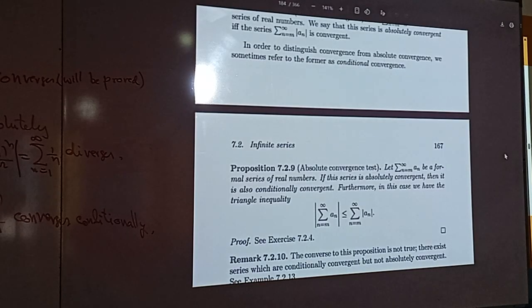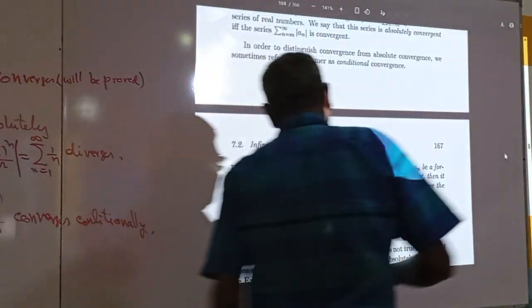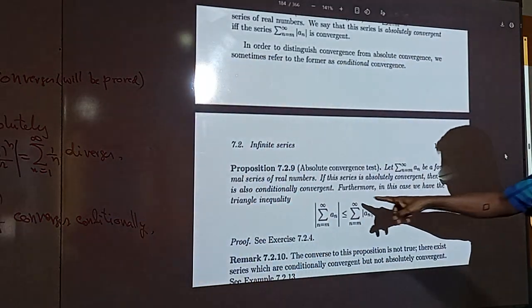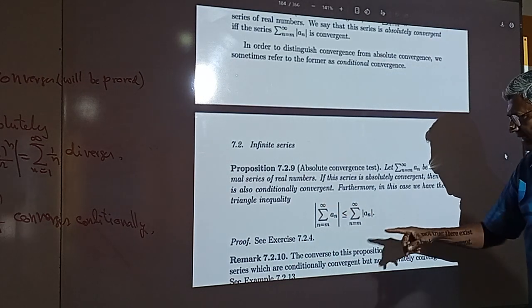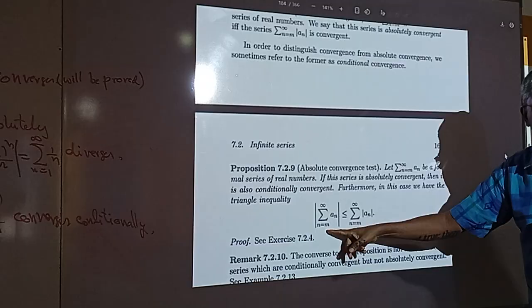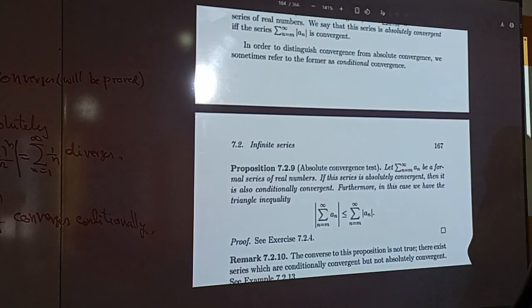If it is absolutely convergent, and you use the Cauchy criterion, given any epsilon there's some capital N. After capital N, no matter how many terms you add, the sum is less than epsilon. So without absolute value, if you have some P or Q, if this one is less than epsilon, this one is definitely less than epsilon.